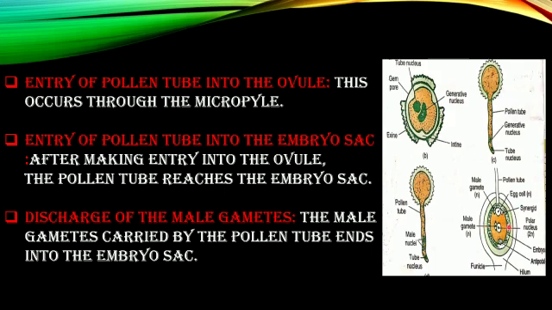This is the internal region, called the embryo sac, containing polar nuclei, synergids, etc. Then the male gametes, which are carried by the pollen tube, enter this embryo sac, where fusion of male and female gamete occurs.